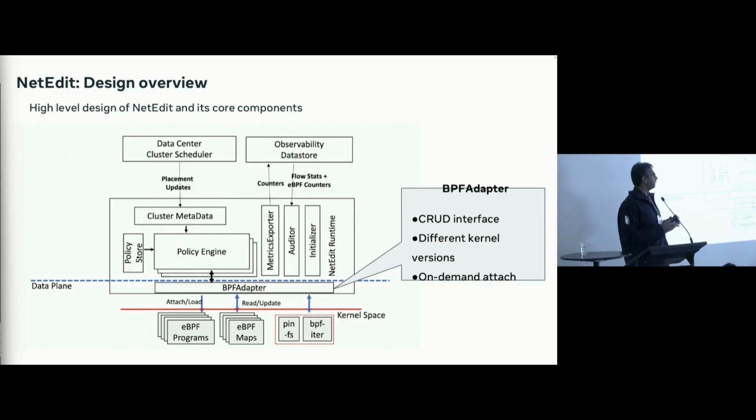Different versions of kernels have different eBPF capabilities, and feature owners need not know about all this when they're developing a feature. Lastly, the on-demand feature. We want to be able to attach programs just exactly where we need it. In the next two slides, I'll talk more about some of the data plane ideas and a control plane idea in a bit more detail.